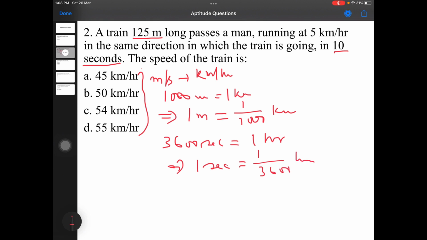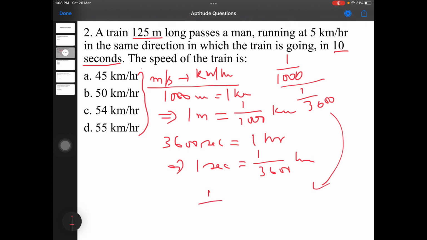So to convert meter per second to kilometer per hour, we have to take 1 by 1000 divided by 1 by 3600. So this will come like 1 by 1000 multiplied by 3600, and 0 will get cancelled.